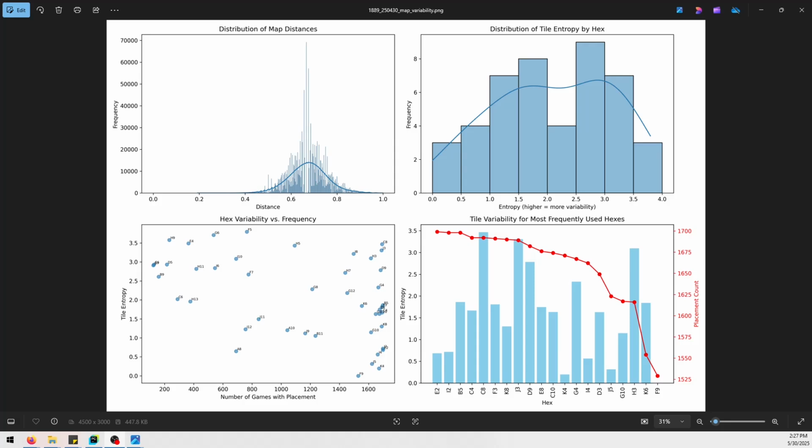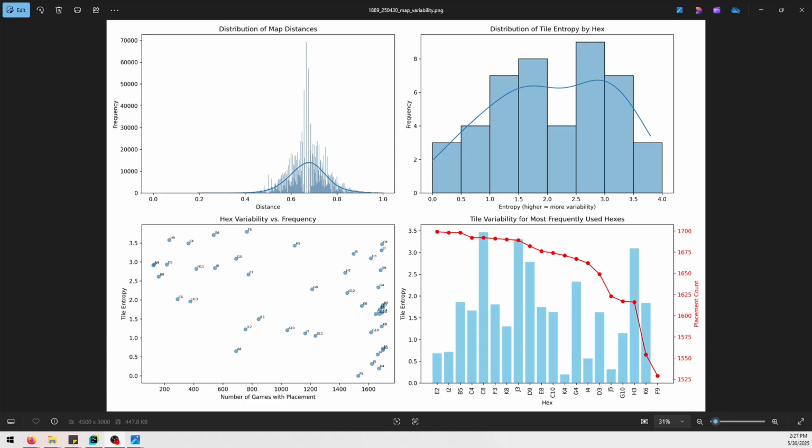I was describing to you the way we've kind of quantized the 1889 map. Basically what we've done is compared each map within the data set to every other map and determined how far apart they are by assigning a value to each hexagon location. And you can see that when you do this, you end up with a reasonably normal distribution.